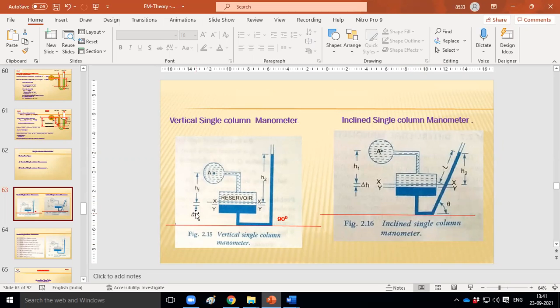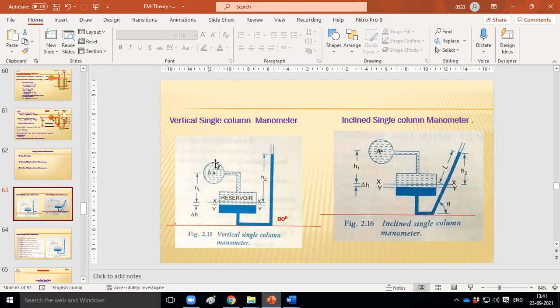One tube of the single column manometer is open to the atmosphere, and one end is connected to the pipe, in both figures.